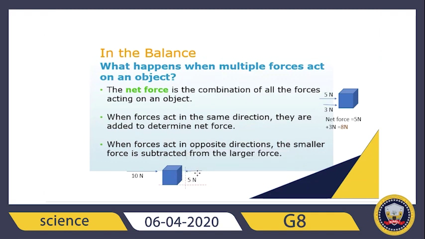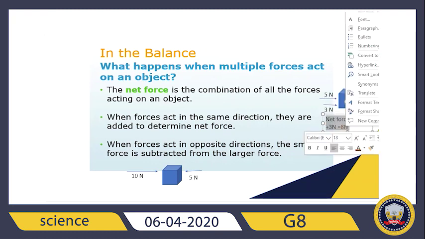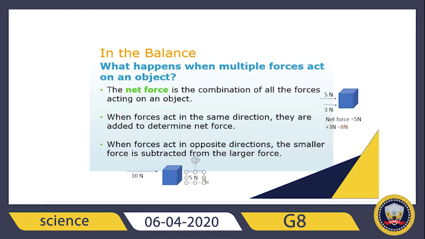So again, as we said, we have two forces acting on this object, but in opposite directions. So here, net force. To get net force, you need to subtract the smaller force from the larger force. So again, guys, the equation will be as follows.